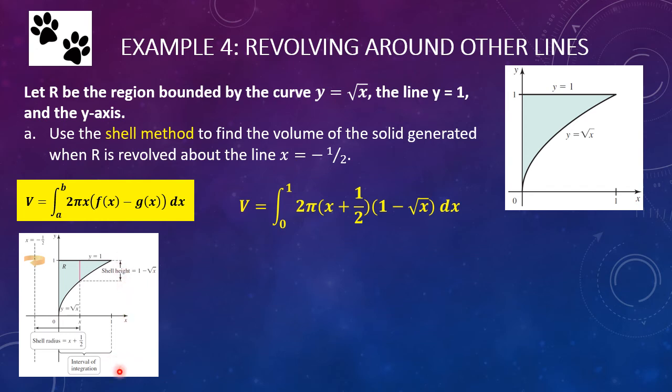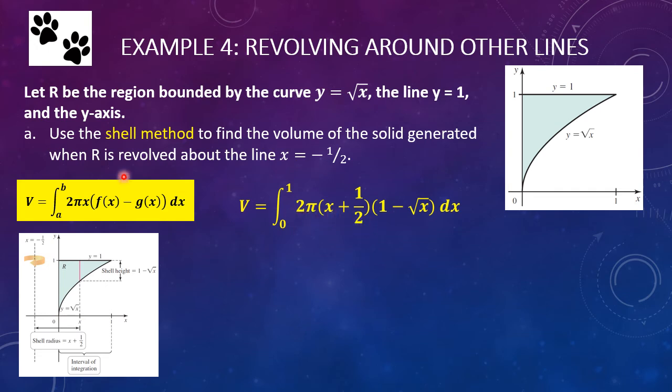Again, if we were revolving around y, then just the x value would be the radius of the circle that we're calculating each time and unfolding, if you will. And then the height, of course, is f of x minus g of x, and then the thickness is dx. But since we're revolving around x equals -1/2, instead of 2 pi x, we have 2 pi times x plus 1/2.